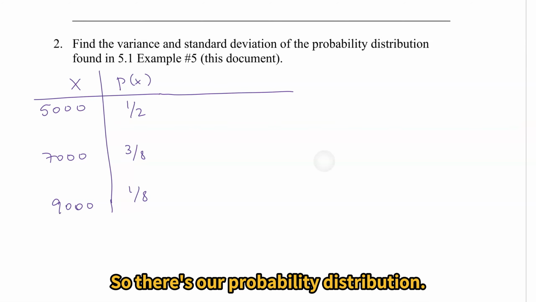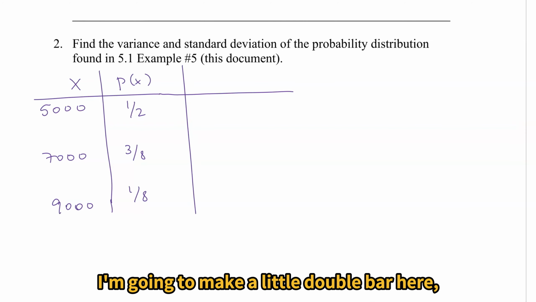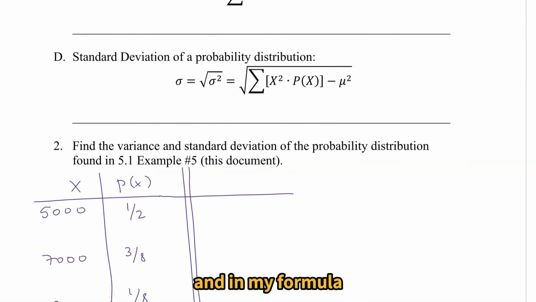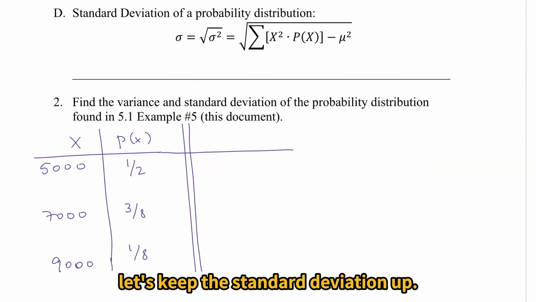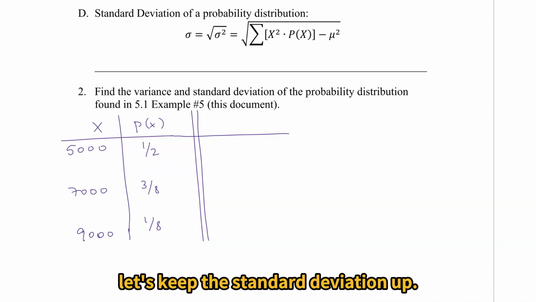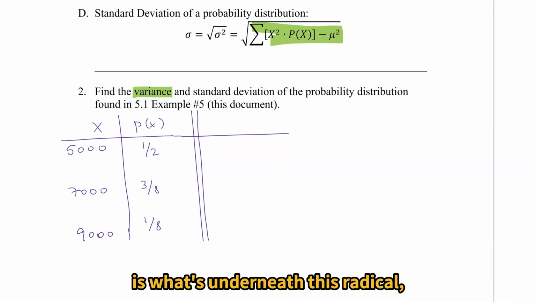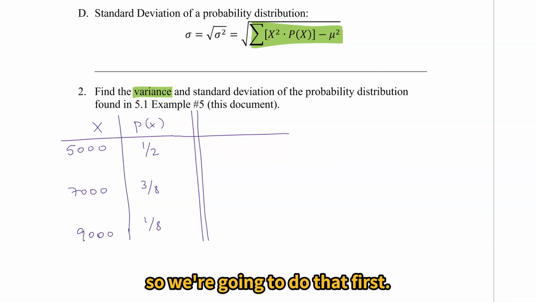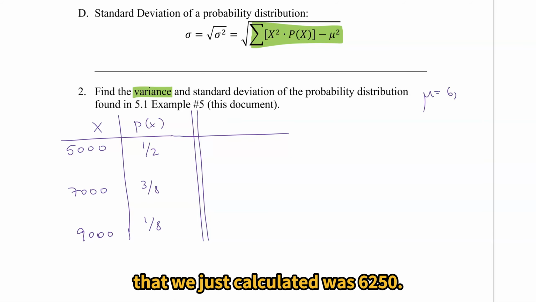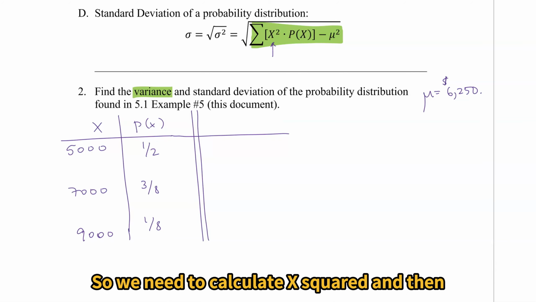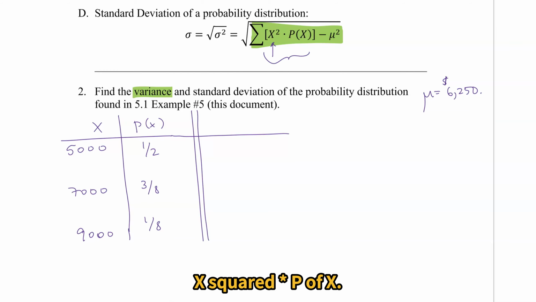So there's our probability distribution. I'm going to make a little double bar here. And in my formula, let's keep the standard deviation up. The variance that we're going to calculate is what's underneath this radical. So we're going to do that first. And recall that the mean that we just calculated was 6,250. So we need to calculate x squared and then x squared times p of x.